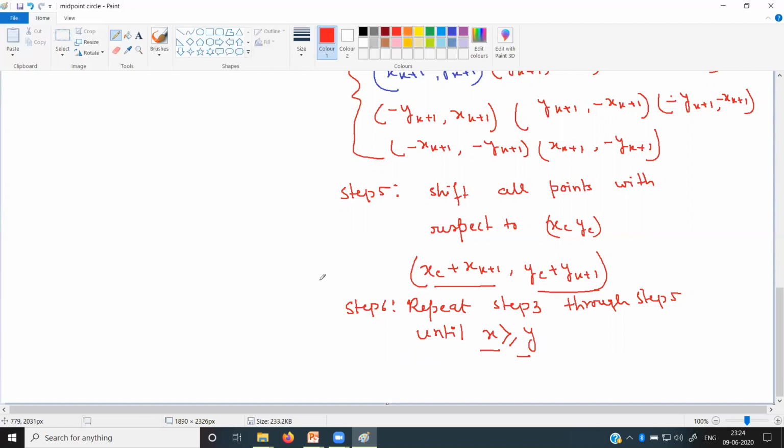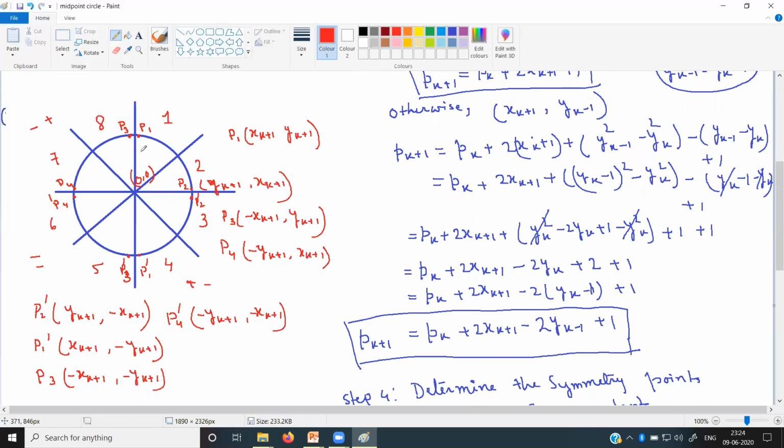And why is it so? Because you can see in the circle, up to this point, as this line is passing through the origin, on this point the x value and y value will be the same. After that, if you consider the arc here, the x value is greater than the y value.